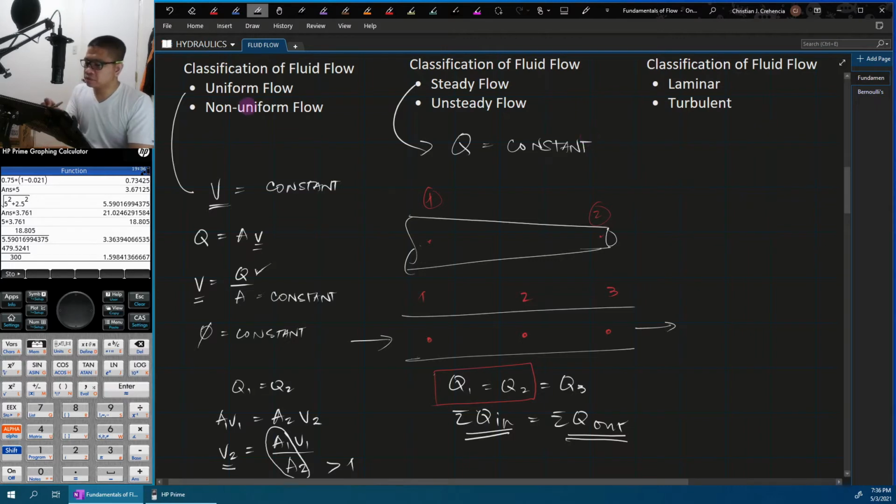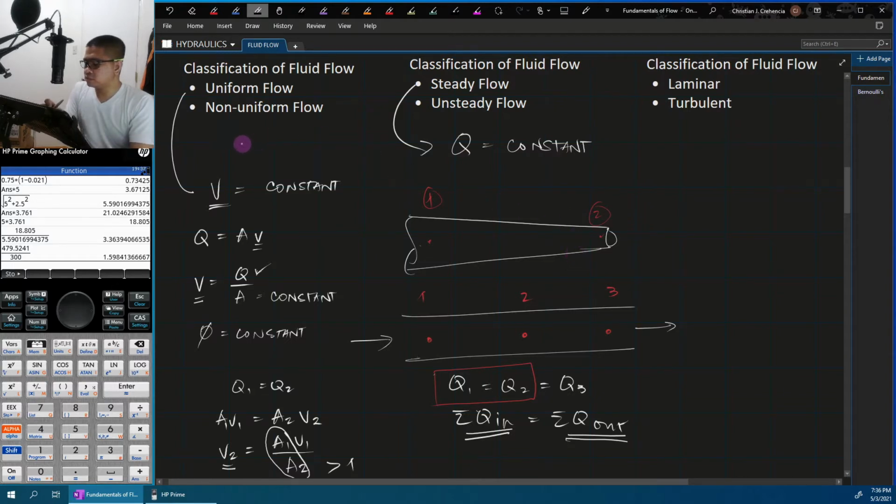So yung uniform flow, at any given time, let's say at time equals 1, at that very specific time, yung velocity natin at any point along the conduit is constant. While yung steady flow naman is constant yung discharge Q at any time during the analysis ng flow.